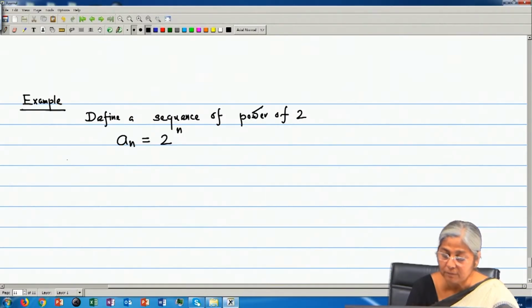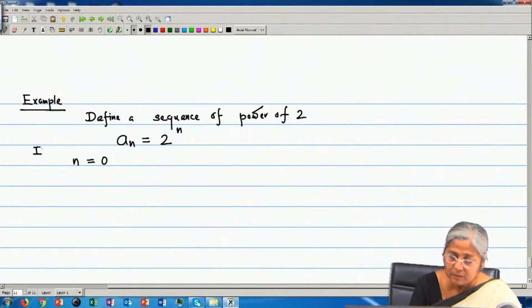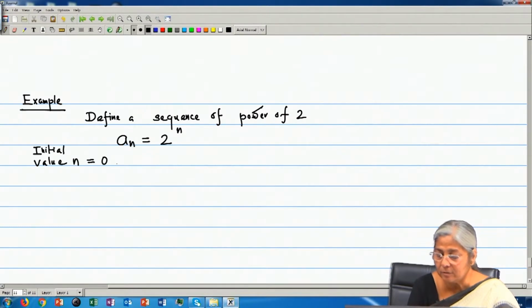What is the initial value? For n equal to 0, a_0 is 2 to the power 0, which is 1.